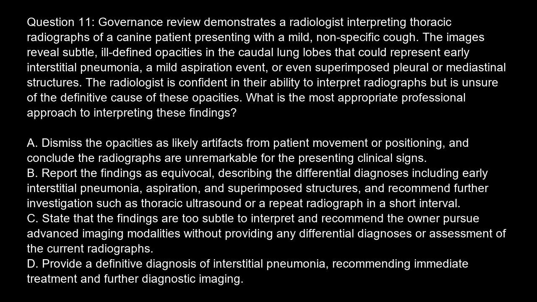Option C. State that the findings are too subtle to interpret and recommend the owner pursue advanced imaging modalities without providing any differential diagnosis or assessment of the current radiographs. Option D. Provide a definitive diagnosis of interstitial pneumonia, recommending immediate treatment and further diagnostic imaging.